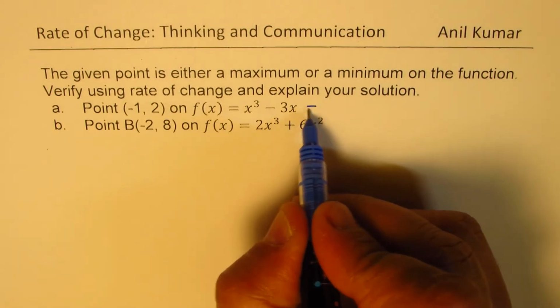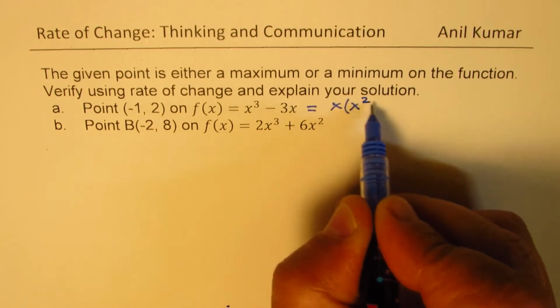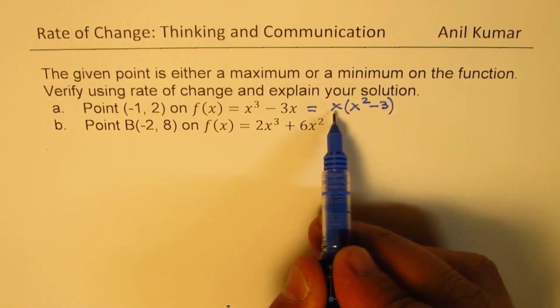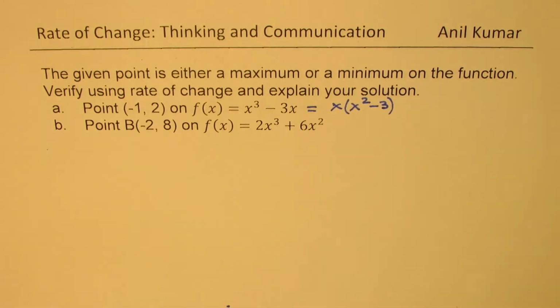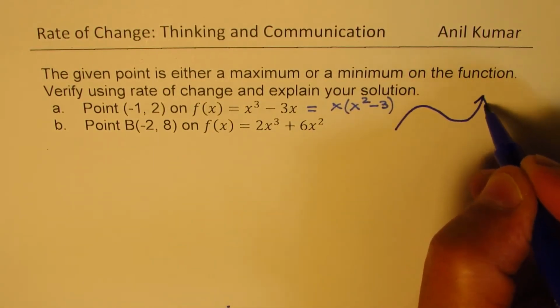So the first function, you could actually factor x and write this as x times x squared minus 3, right? So we get 3 roots here at 0 and plus minus square root 3. So you notice that this particular function will have a graph which will be kind of like this, correct?